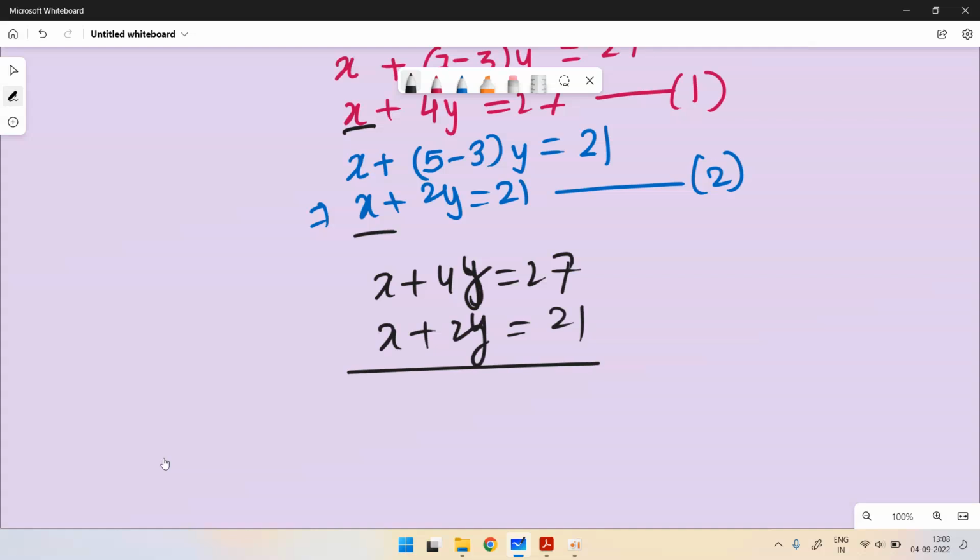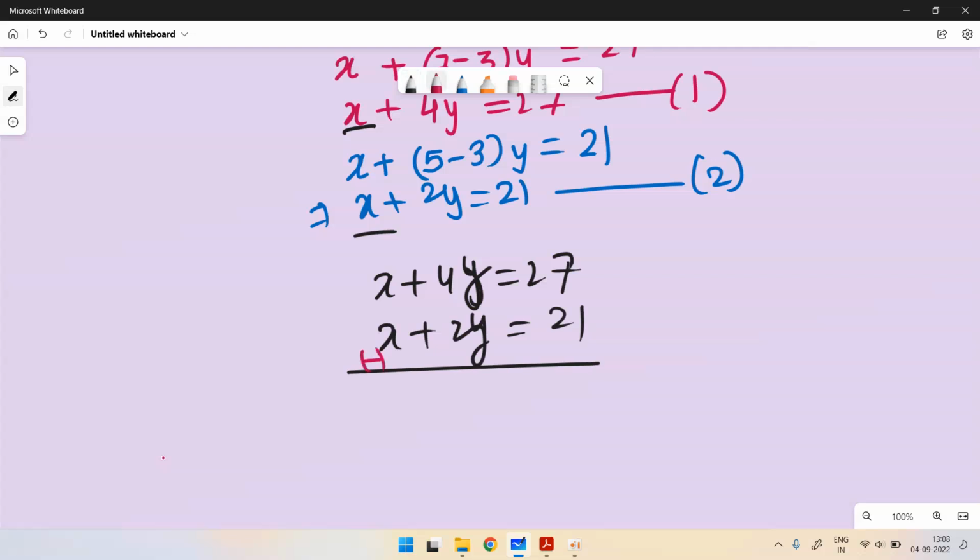Subtracting, X minus X is 0 and 4y minus 2y is 2y. So 2y equal to 27 minus 21, that is 6. So the value of y is 6 by 2, which is nothing but 3.